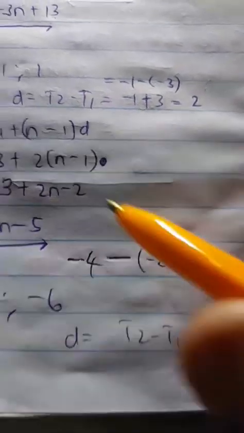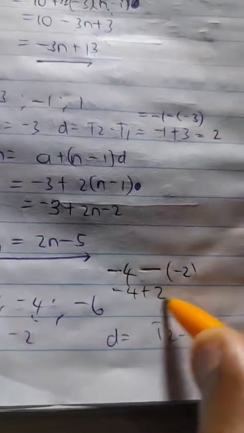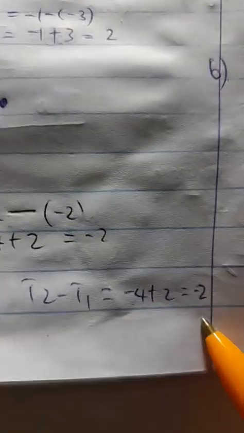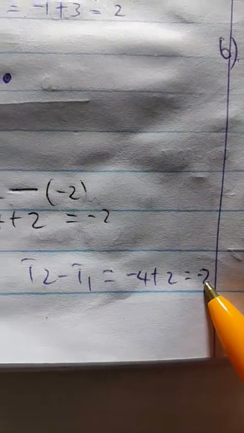Remember T2 is negative 4. Your formula already has a minus, but you are subtracting a negative sign, so therefore it's plus. Remember that a negative times a negative will give us a positive. So negative 4 plus 2 gives us an answer of negative 2. That's our constant difference.